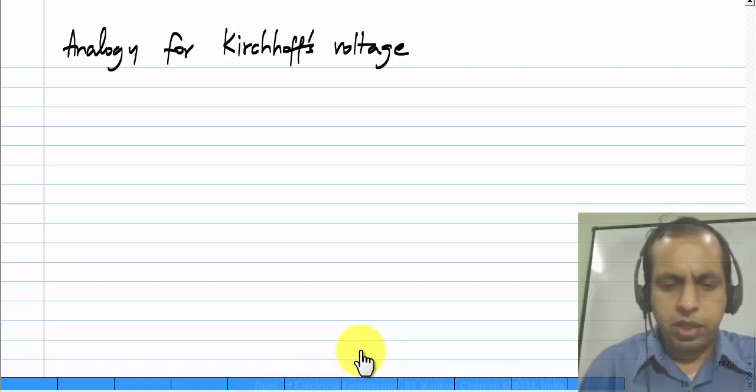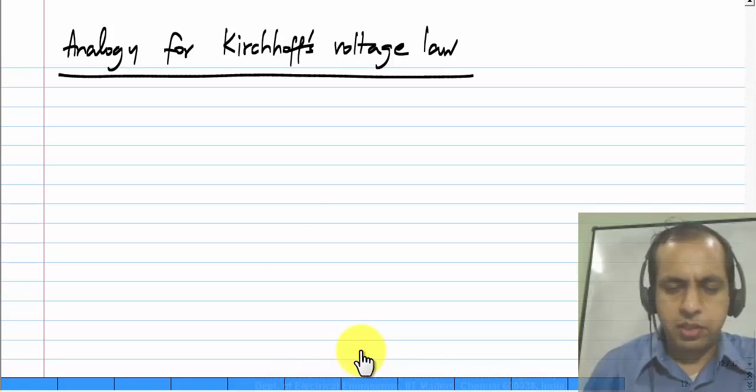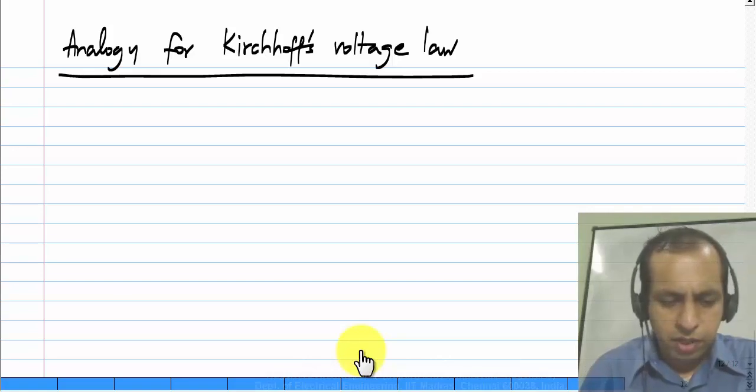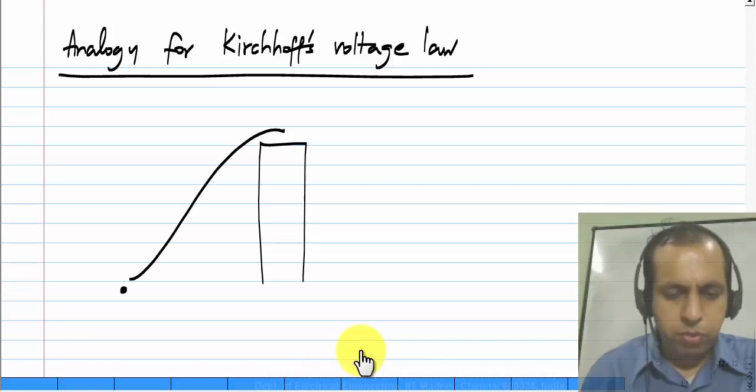You can also make an analogy for Kirchhoff's voltage law based on everyday experience. Let's say you start from a certain point and you go up on top of a building, you gain a certain height h2 minus h1.